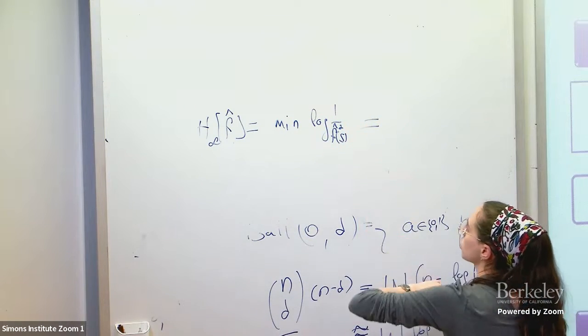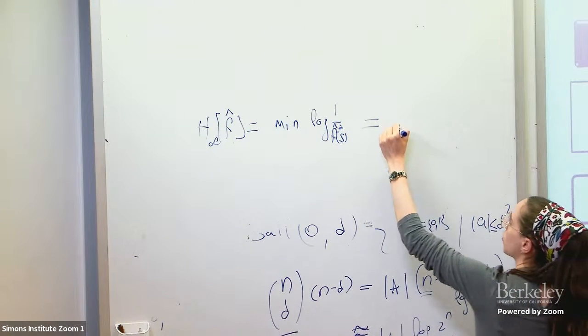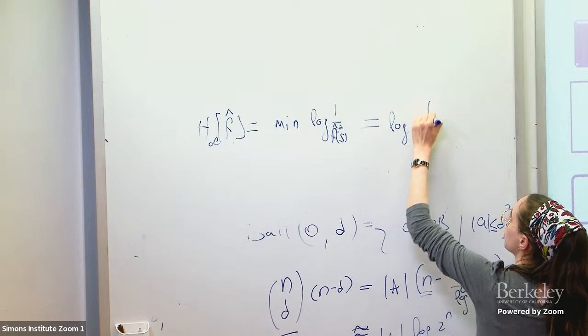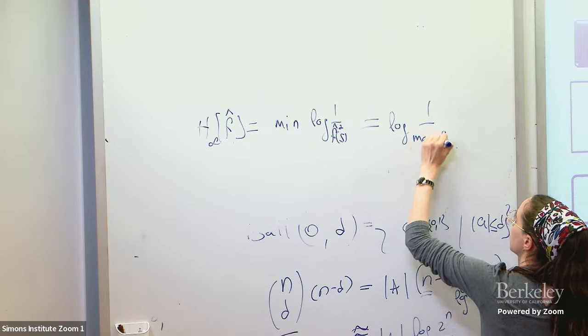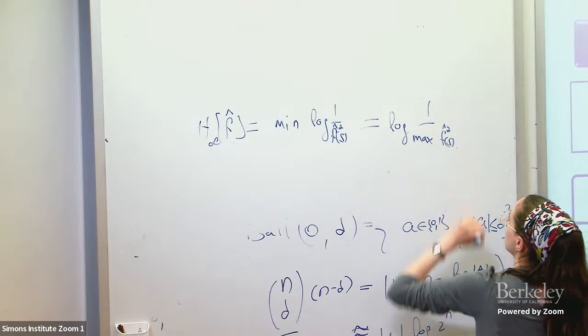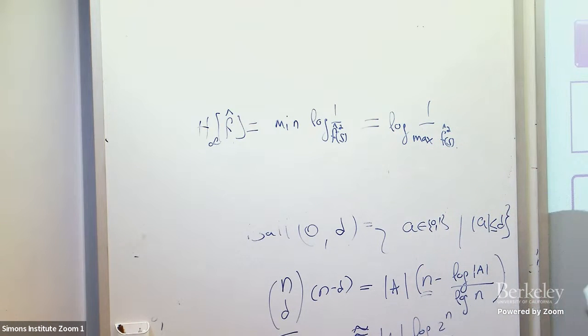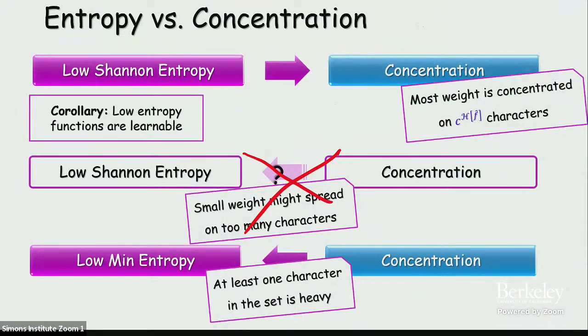It's also useful to think about it as log of 1 over the maximal rate of the maximal Fourier coefficient. So even though concentration doesn't show as low Shannon entropy, it implies low mean entropy. Because if we have a small set of characters that are heavy, then at least one of them is heavy.